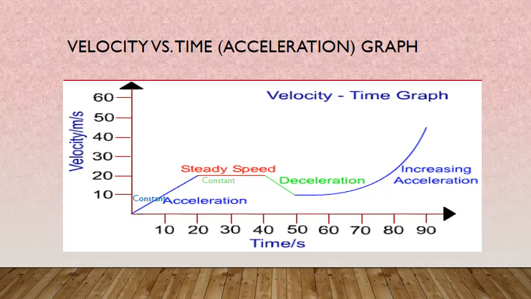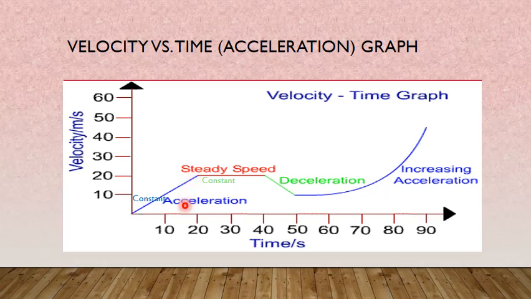If you note down the values on a graph, for 10 seconds the velocity is 10, for 20 seconds the velocity is 20. So here you will get a constant acceleration. A straight line passing through the origin indicates a constant acceleration.